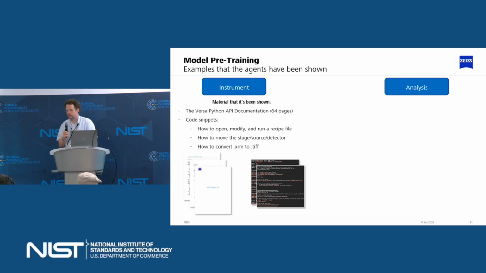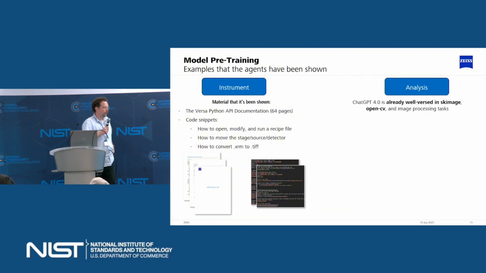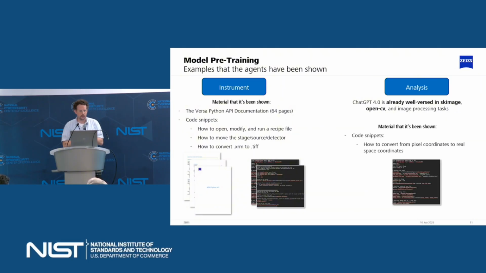This is what a script looks like for moving the stage or acquiring a 3D tomography, how to convert files, etc. For the analysis, it turns out ChatGPT is already pretty good at doing image segmentation. It's very good at writing skimage and OpenCV code. So all I really had to do to reinforce the analysis agent was tell it about the various coordinate systems. We're working with about 4 different coordinate systems between various things, and this has actually been a major pain point that we're still working on.